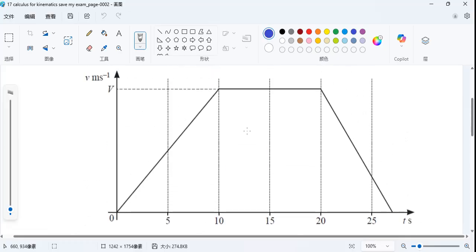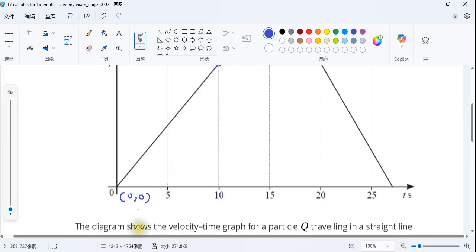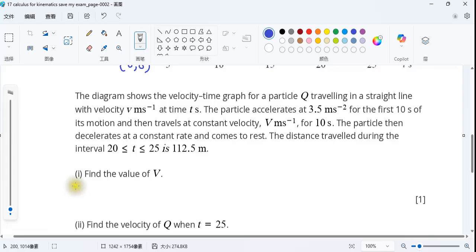So this is 10, v and this is 0, 0. So we have the 10, v and 0, 0 here.